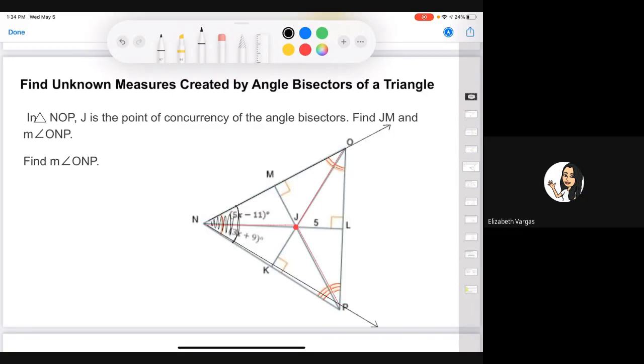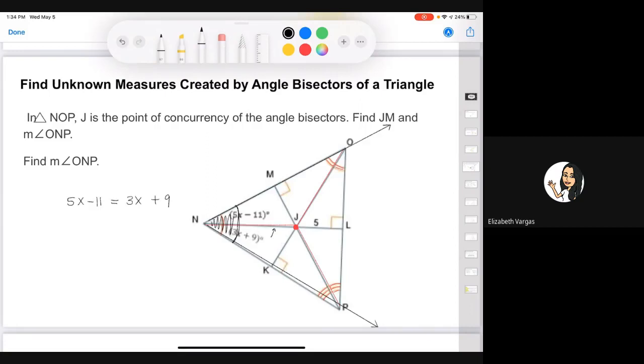This entire angle here. Okay. And the way that we can identify it takes two steps. First thing we want to do is identify x. Well, how do we identify x? We know that this line right here is an angle bisector, right? So that means that those two angles would be congruent to each other, because remember, an angle bisector cuts an angle into two congruent halves. Which means I can set those equations equal to each other, and that will allow me to find x.